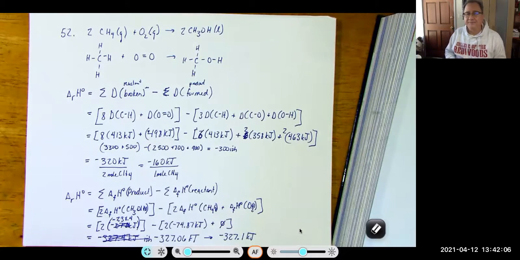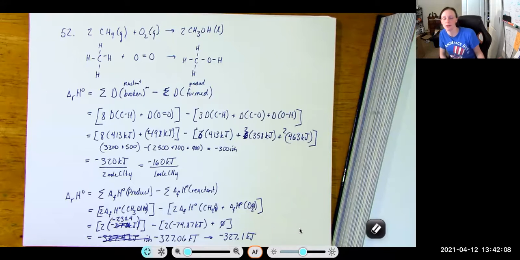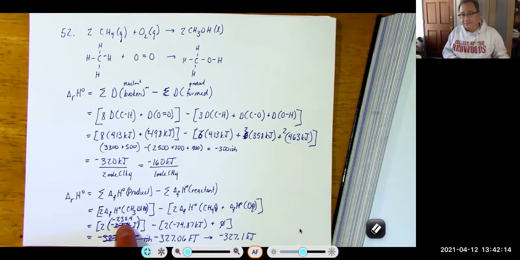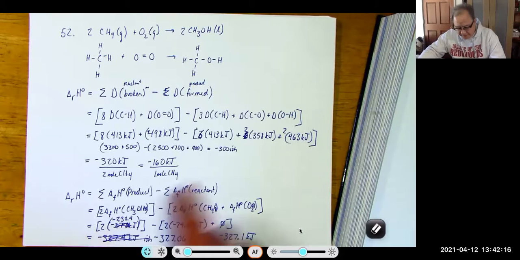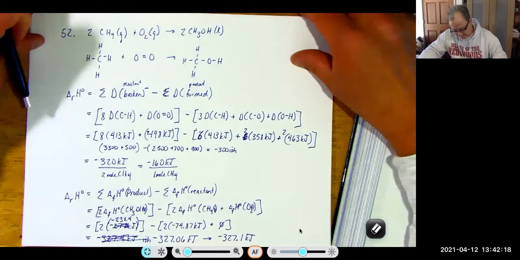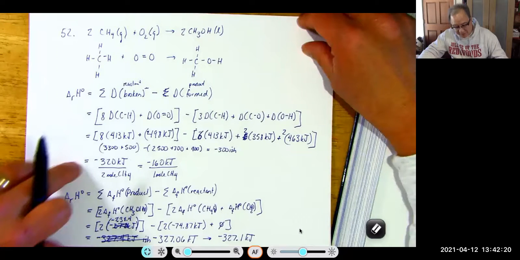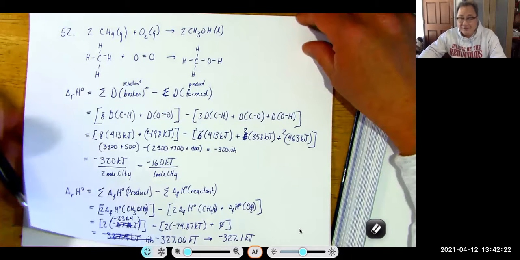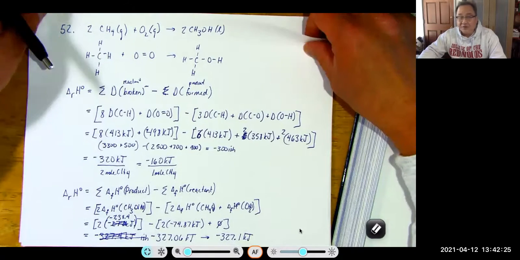Yeah. And then with the second part, I used the gas value, 201. Okay, so I can see a way to trick people on the test is to give you enthalpies of formation for the gases and liquids of stuff.